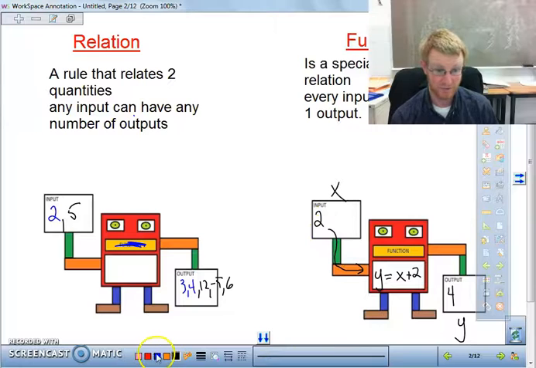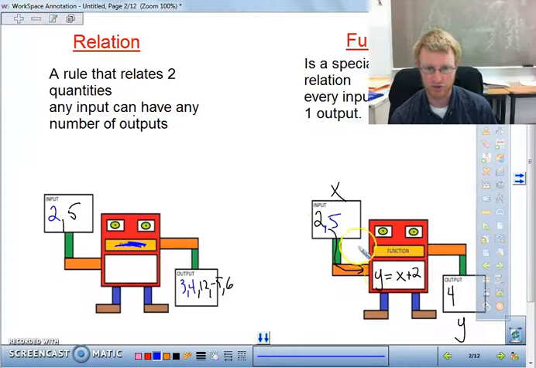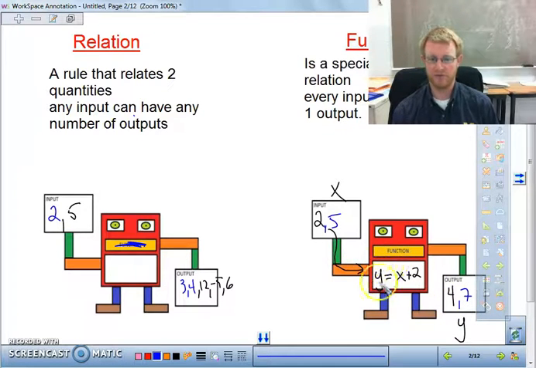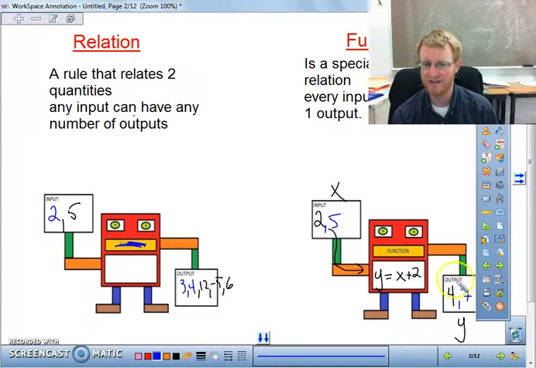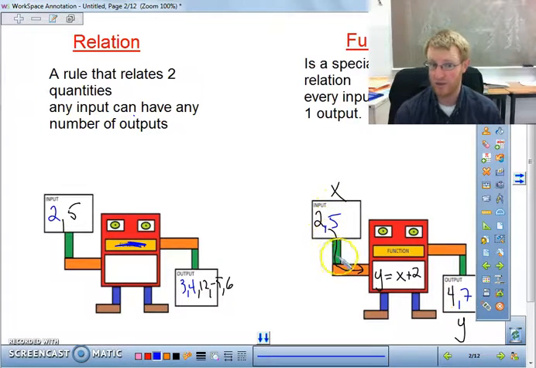If I want to put something different in, say 5, well, that goes into the machine. 5 plus 2 is 7. And you can recognize from at least this type of function that no matter what we put in for x, we are only getting exactly one output. That doesn't mean that outputs can't repeat. It just means that we are only getting one answer for every input that we put in.